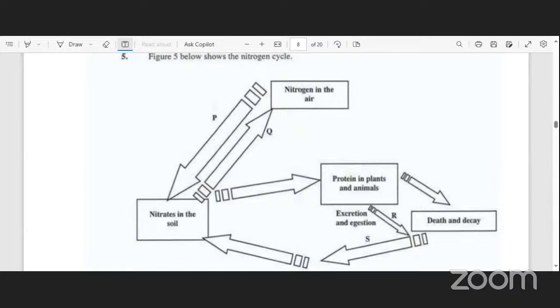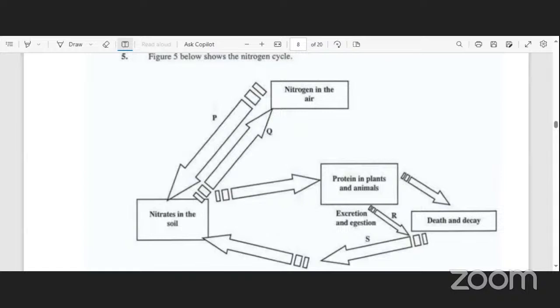What about Q? Where we have nitrate going back to the environment. What would Q be? Anybody can tell me what is Q?